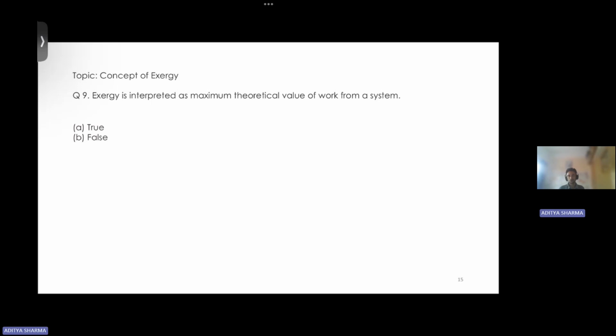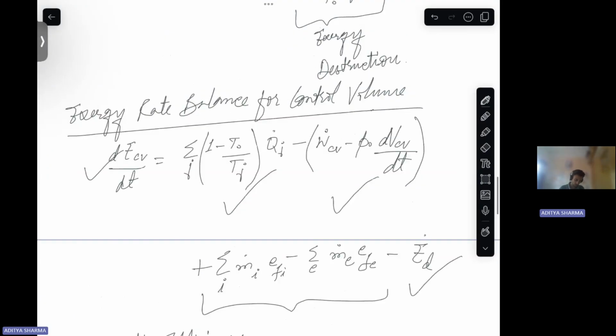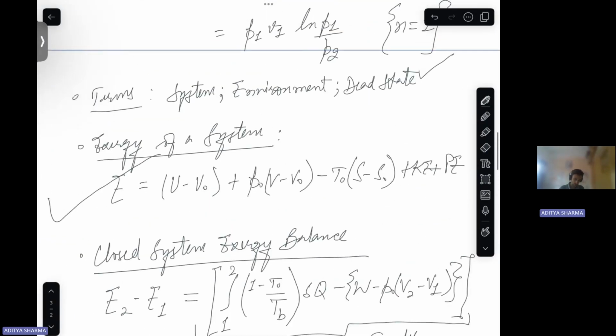So if we have to get the mathematical expression for this exergy, what we basically do is we solve for the work, right, using the energy balance equations, and from there we get this maximum theoretical exergy value. Okay. Which I have also written here, right?